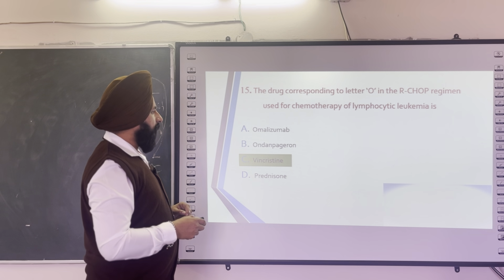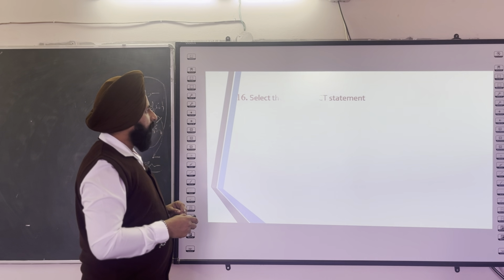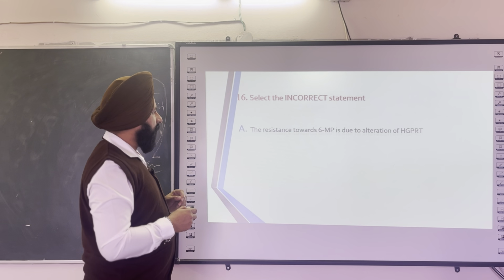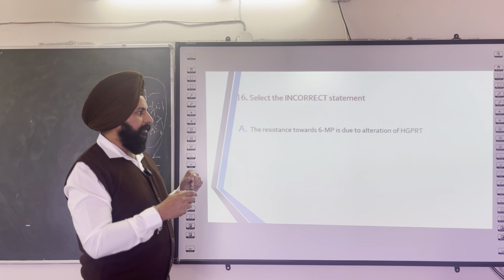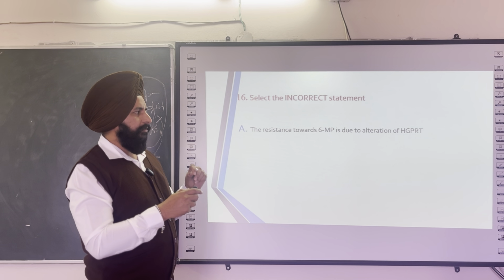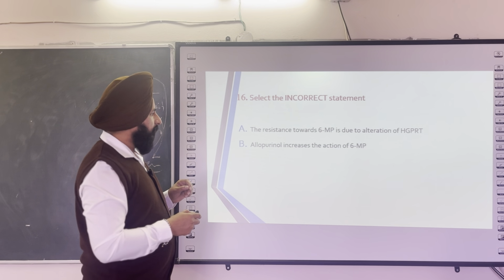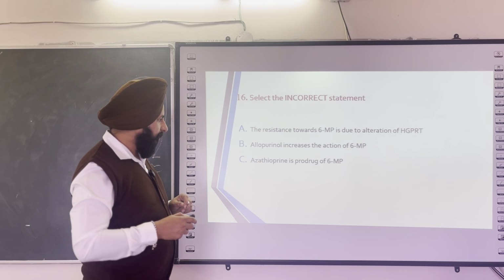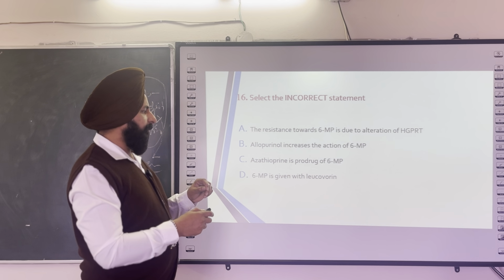The next question for this GPAT series is: select the incorrect statement. The options are: resistance toward 6-mercaptopurine, 6-MP, is due to alteration of HGPRT. Allopurinol increases the action of 6-MP. Azathioprine is a prodrug of 6-MP. And 6-MP is given with leucovorin.